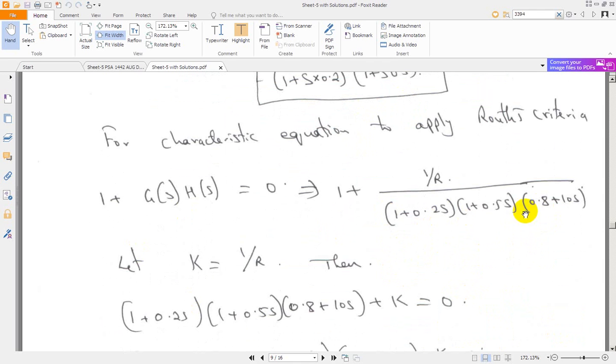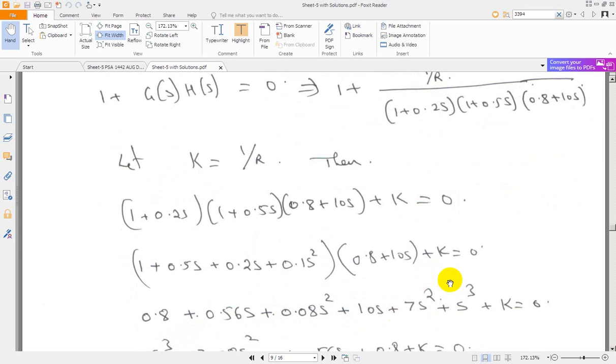So for the complete transformation, multiply and take the denominator across, and you will get 1 plus 0.2s into 1 plus 0.5s, into 0.8 plus 10s, plus k is equal to 0.